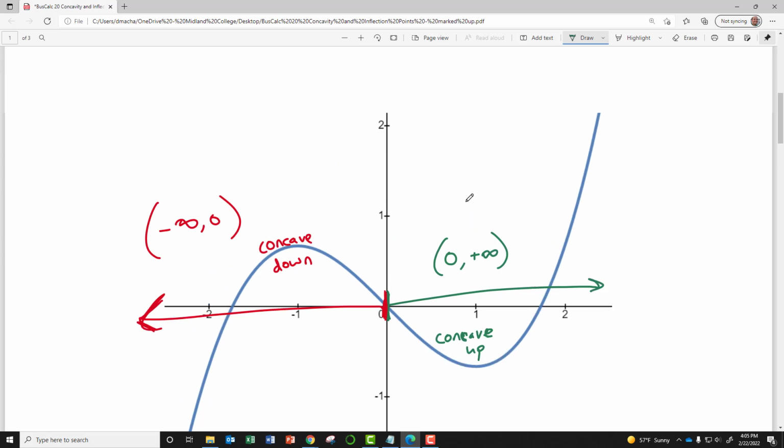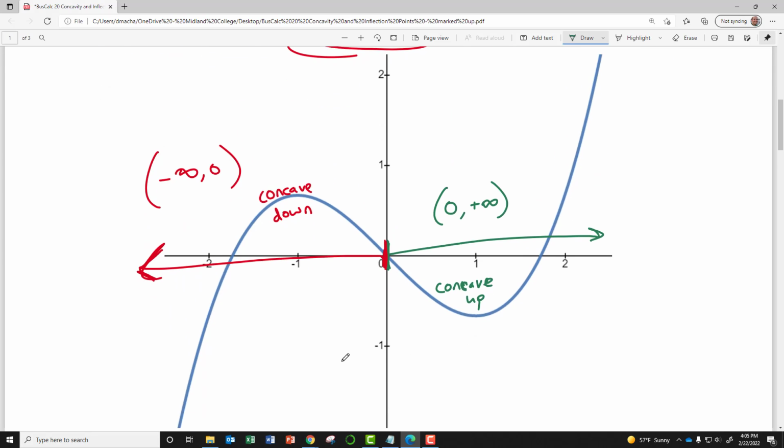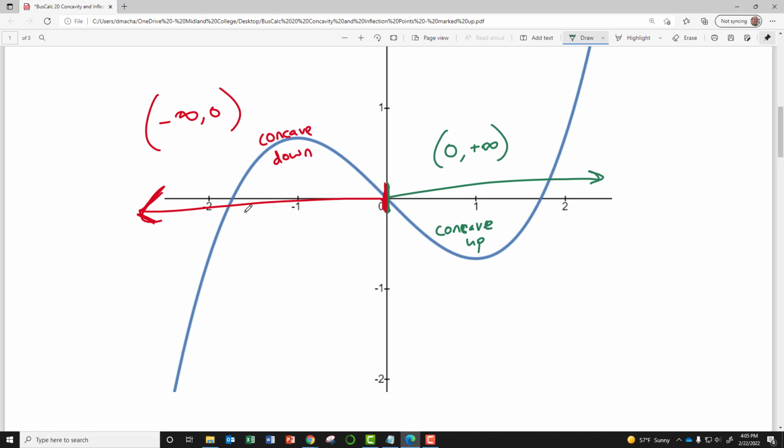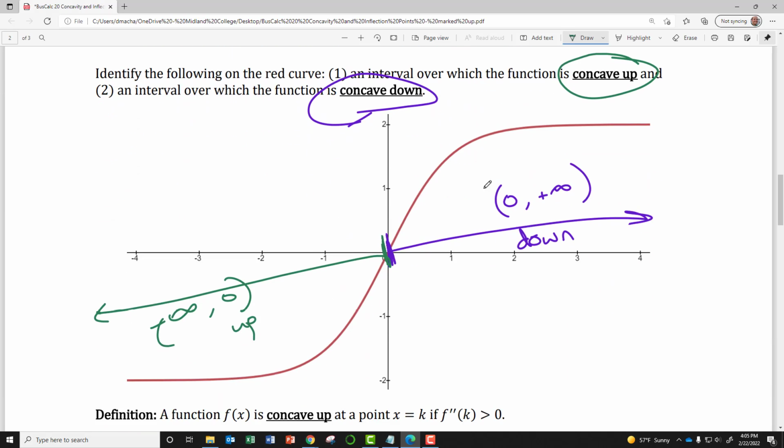Whereas over here, this blue curve seems to be curling up when I say it's concave up, and as I'm reading from left to right, it seems to be curling down whenever I say that the curve is concave down. So again, these are just two examples, illustrating what it looks like to see concavity, whether it's concave up or concave down.